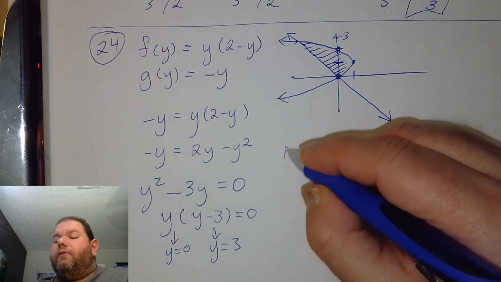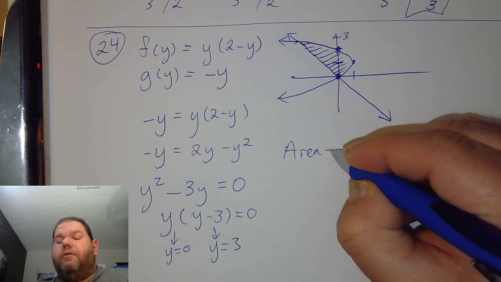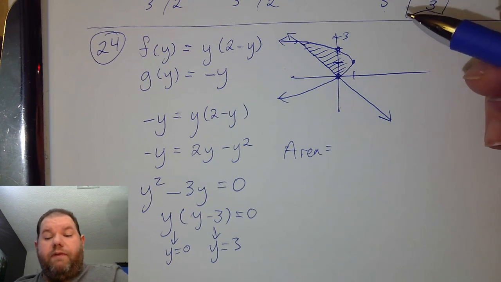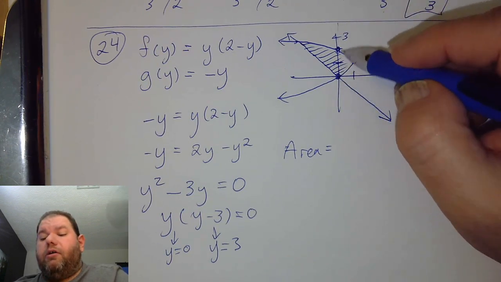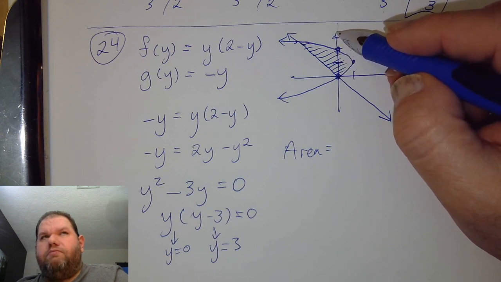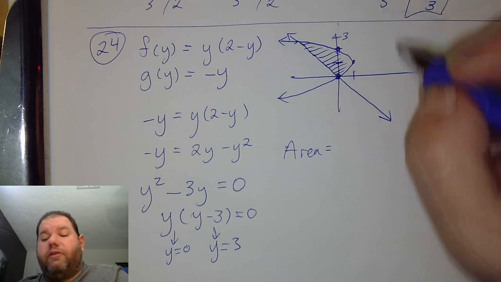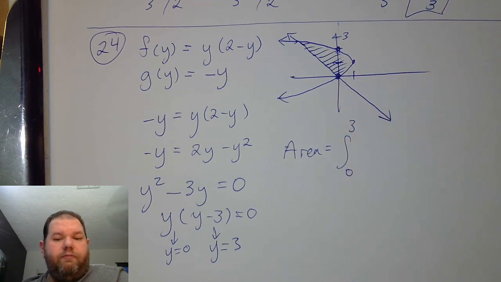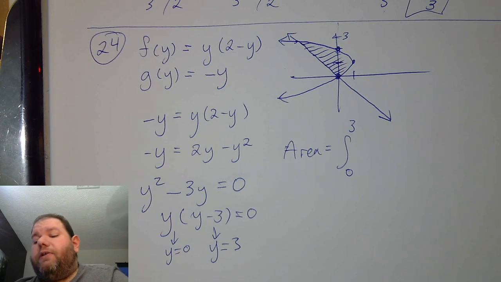Alright, so we set up our area. Now, because we're working with functions of y, when we decide on the order of functions, well, first of all, we know we're integrating from 0 to 3, so we'll write that down first. But again, when we have x, we know we go top minus bottom, but with functions of y, we'll go right minus left.